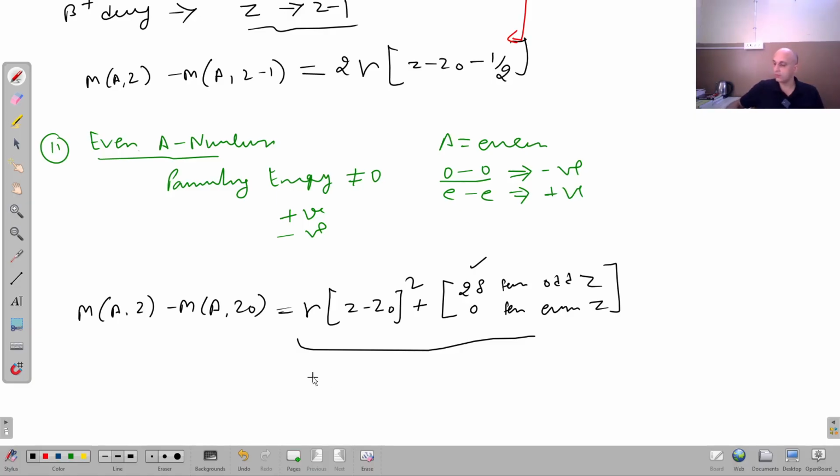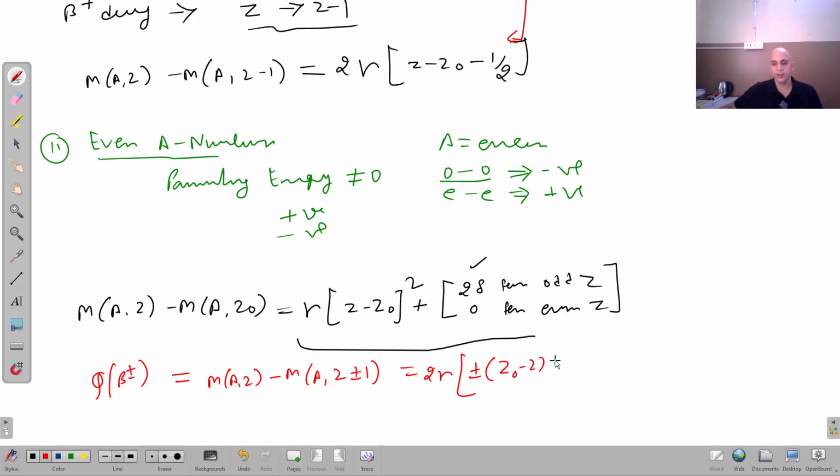Similarly, if we calculate the Q value in case of these even A nuclei, whether it is beta positive, I am writing it directly, that will be equal to M(A,Z) minus M(A,Z plus minus 1), that will be equal to 2 times gamma times (Z naught minus Z plus minus 1) plus minus 2 times delta, right?